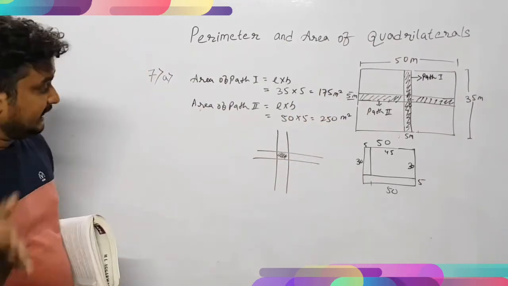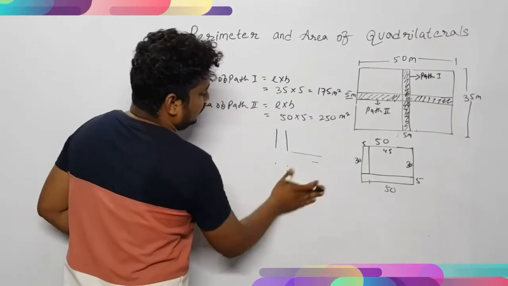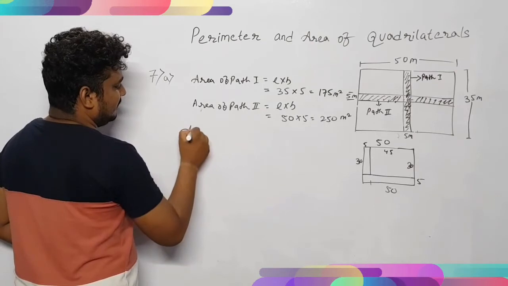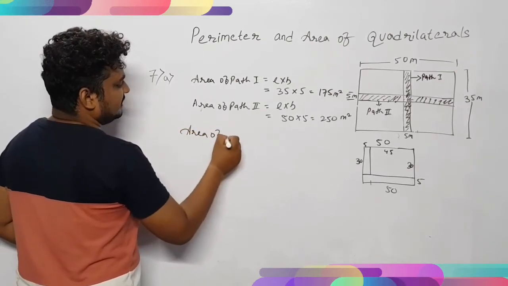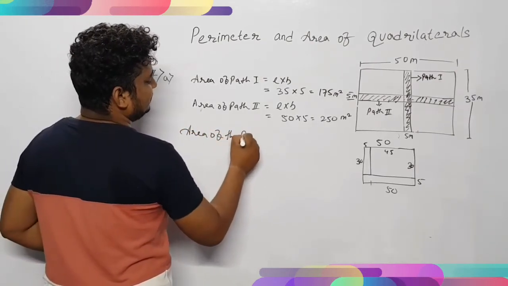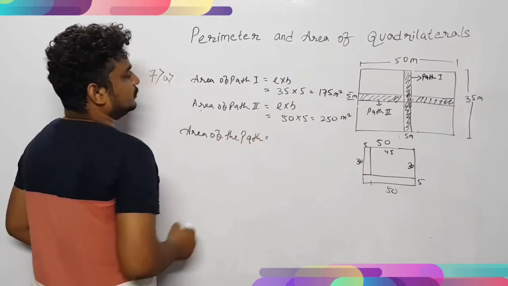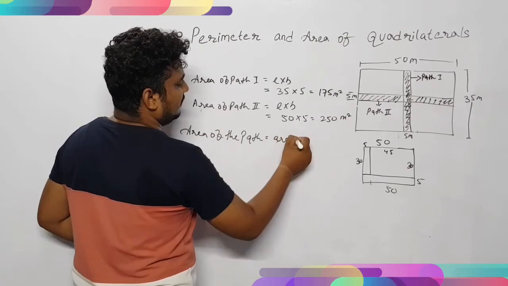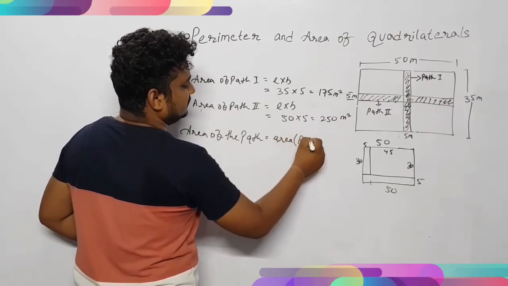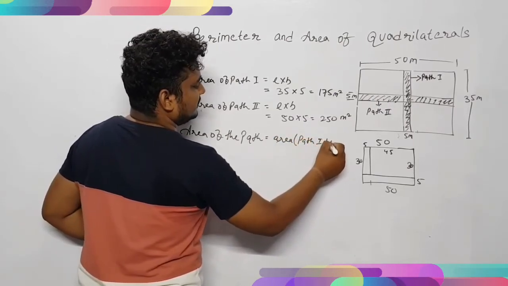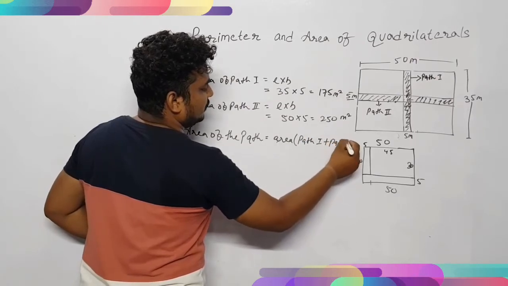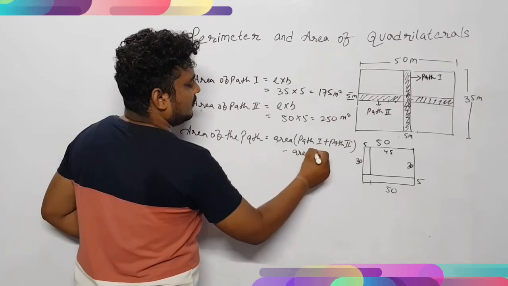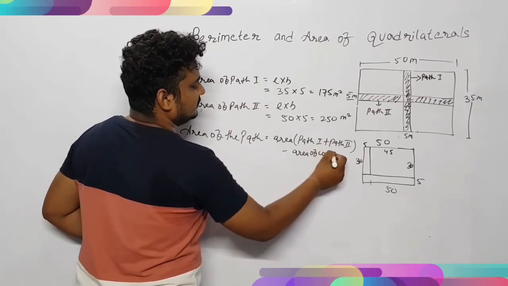This is the common part, so we need to subtract it. So the final area of the shaded region or area of the path is equal to area of path 1 plus path 2, subtracted by the area of the common path.